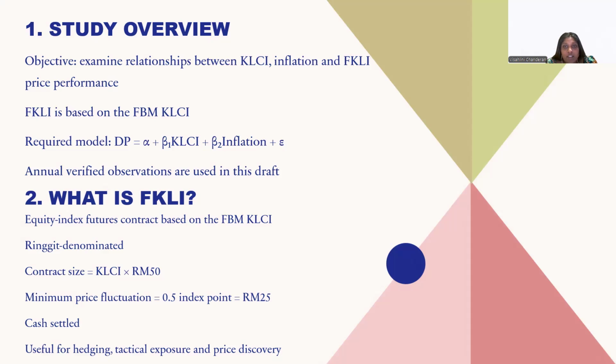The minimum price fluctuation is 0.5 index point, valued at 25 ringgit, and the contract is cash settled. Its main uses include hedging equity market risks, obtaining tactical exposure, and supporting price discovery.